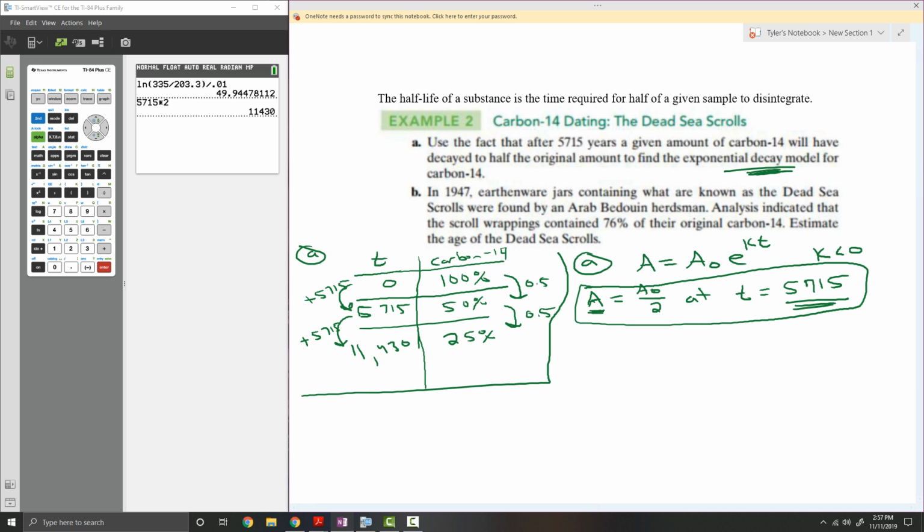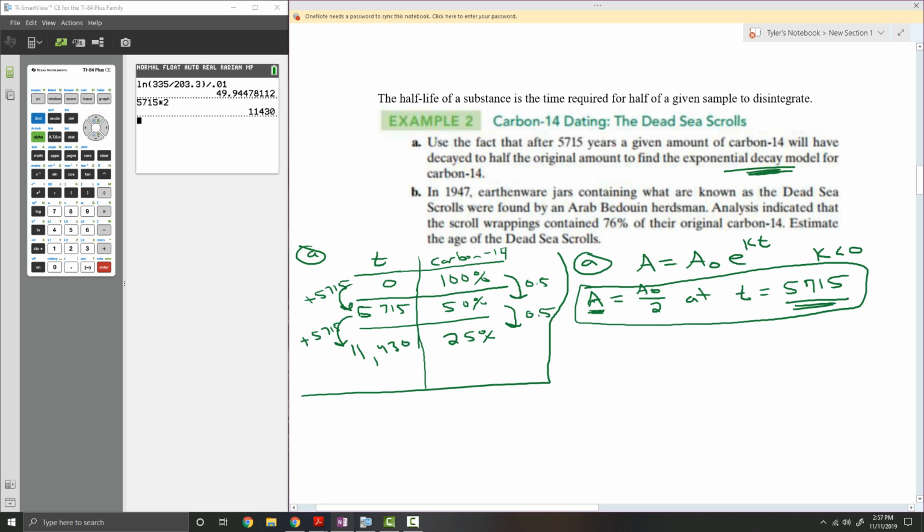But something we're going to find is that with half-life, we actually don't need to know the original amount in order to come up with a model. So let me show you why that happens.